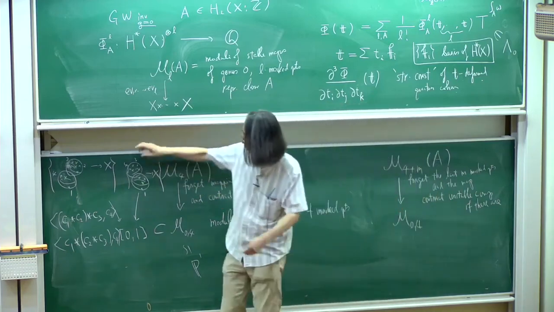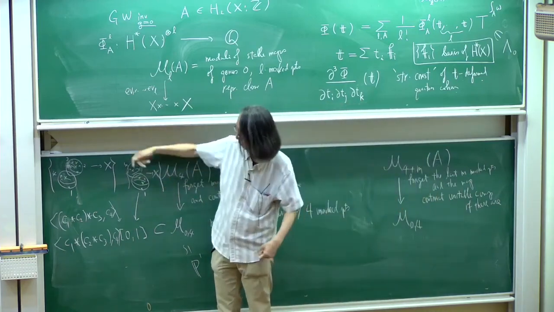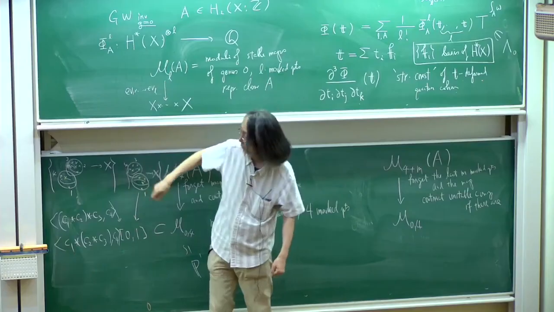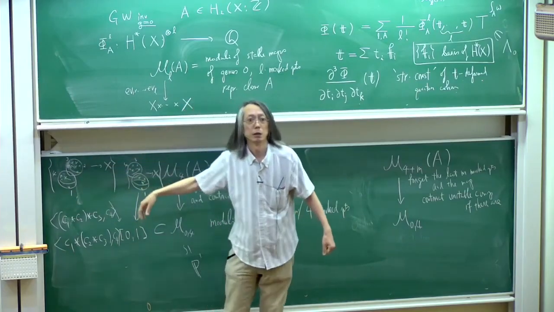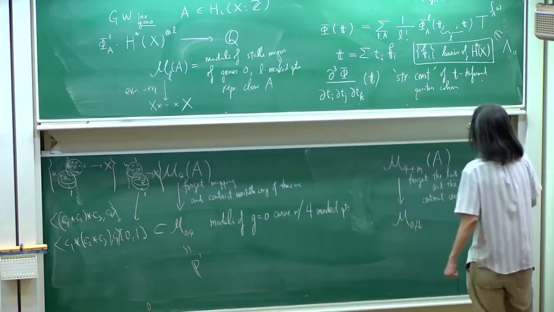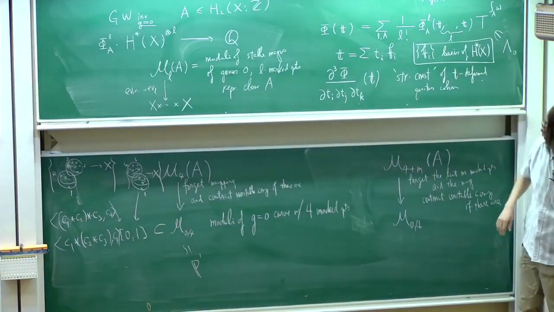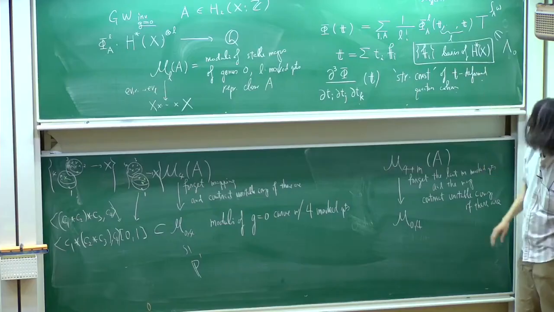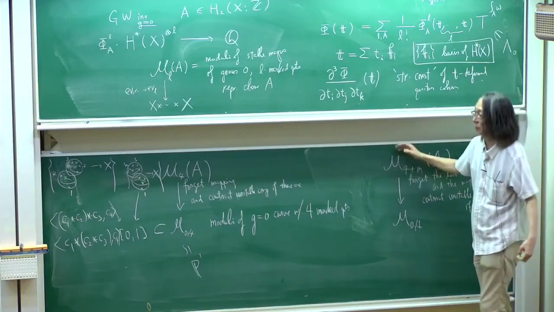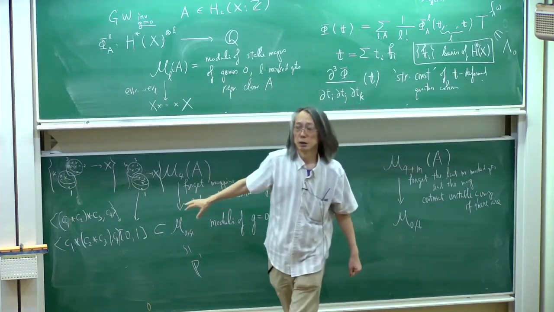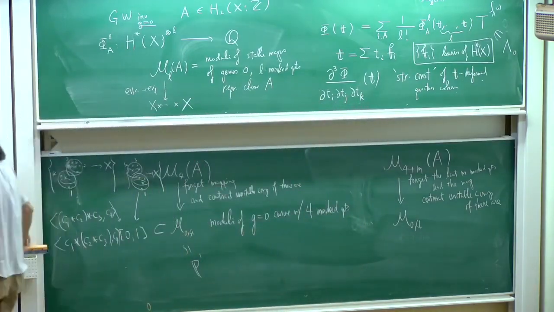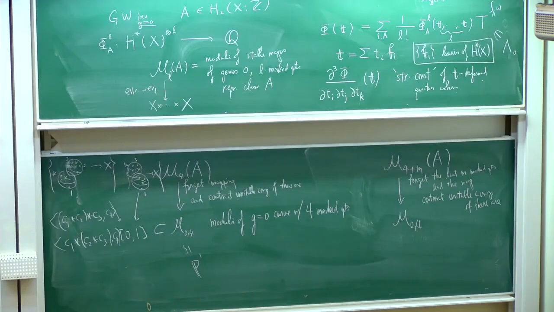Anyway, you may distribute your marked points in arbitrary ways, here and there, and then add them up. And similar to the previous argument, using this you can also show the associativity of this product. So this is a basic proof verification of the WDVV equations.